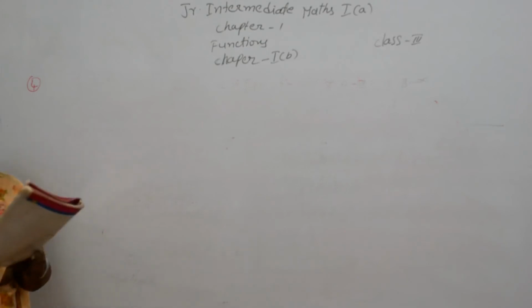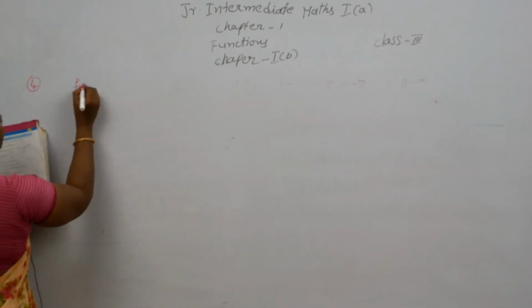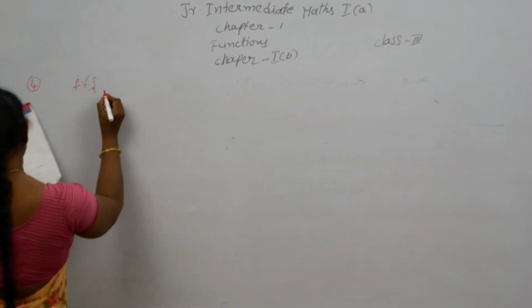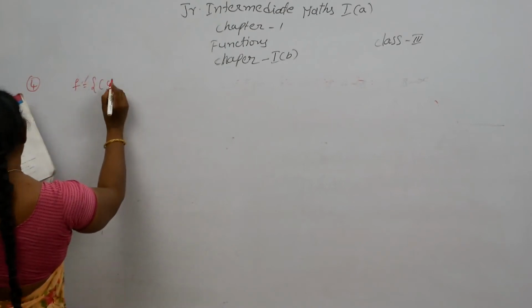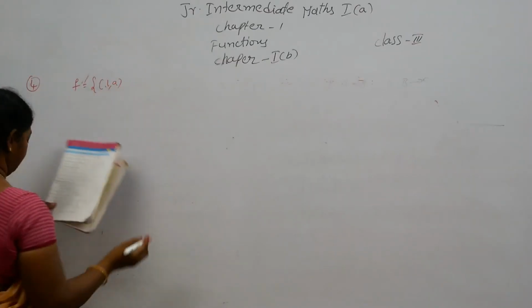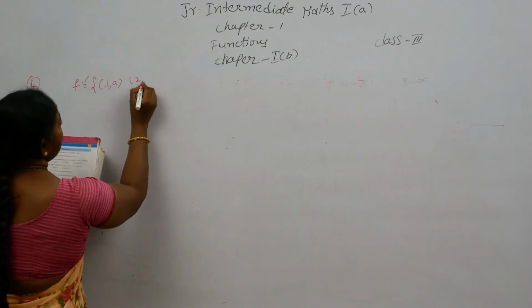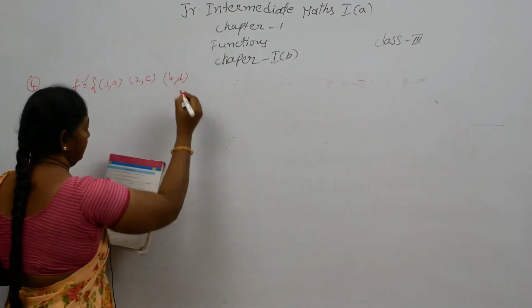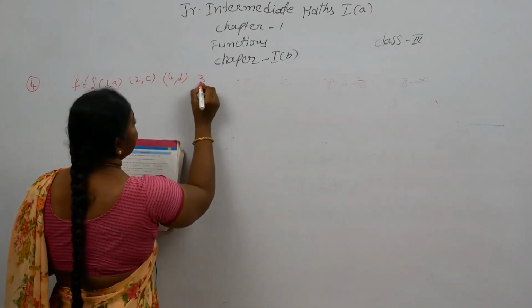Fourth problem. F equal to set of ordered pairs 1 comma a and 2 comma c and 4 comma d and 3 comma b.